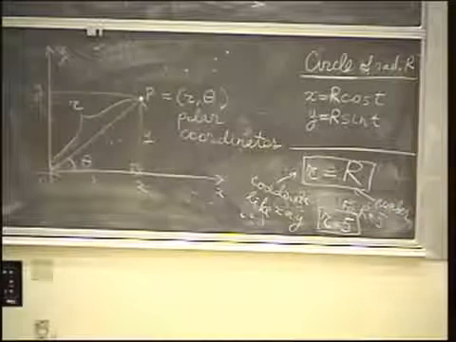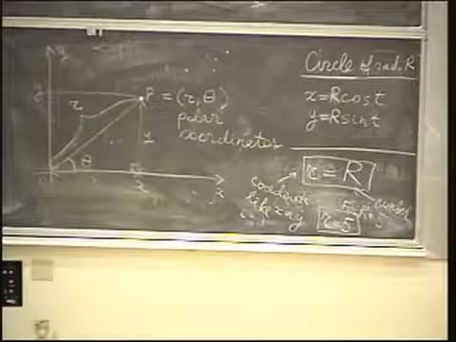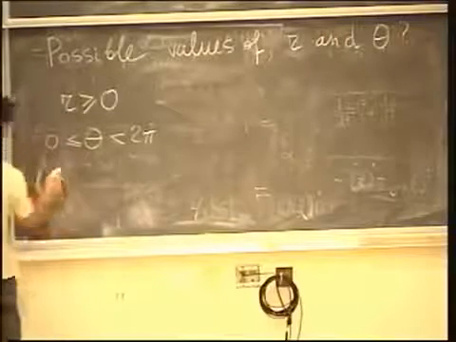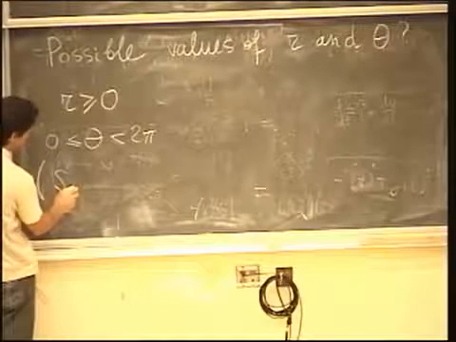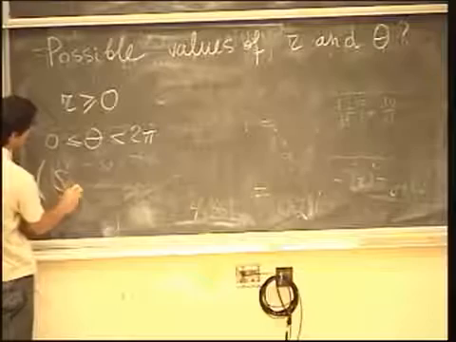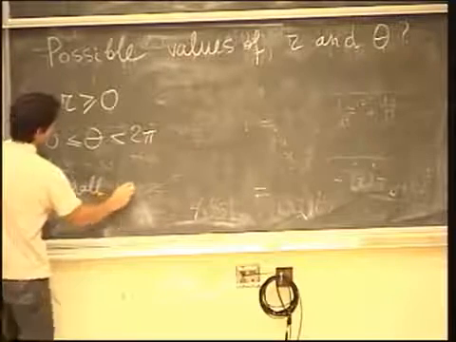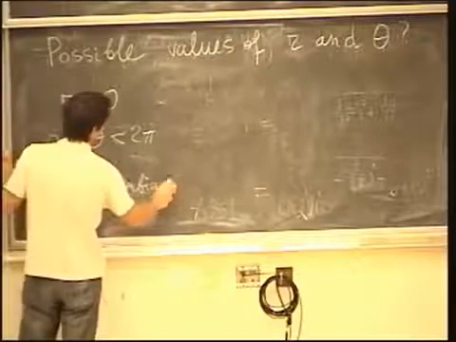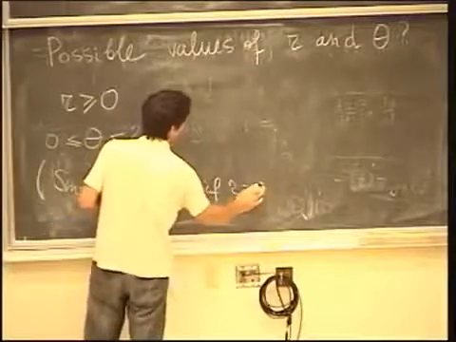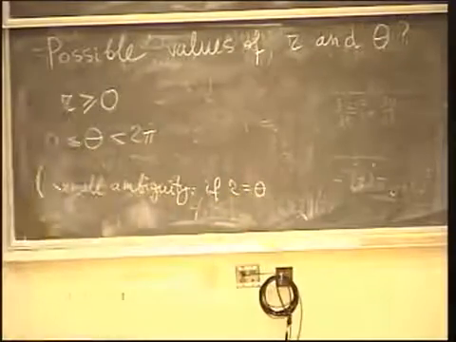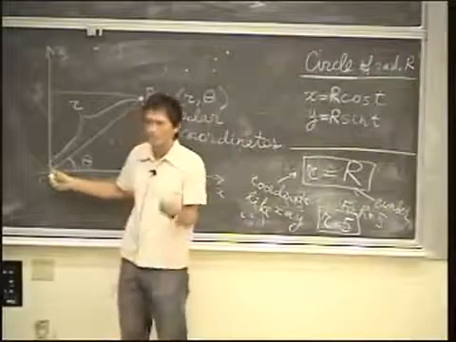And even then, we actually do have a small ambiguity. I put it in brackets because it's a subtle point which we are not going to dwell on too much. If r is equal to 0, we are actually at the origin, and so theta becomes meaningless.